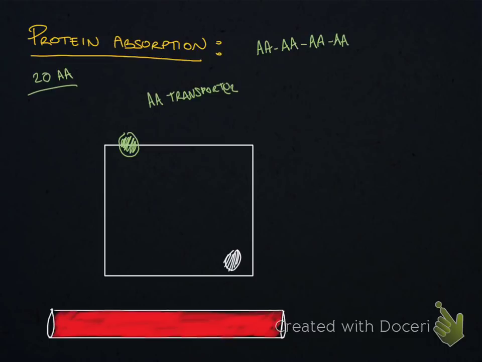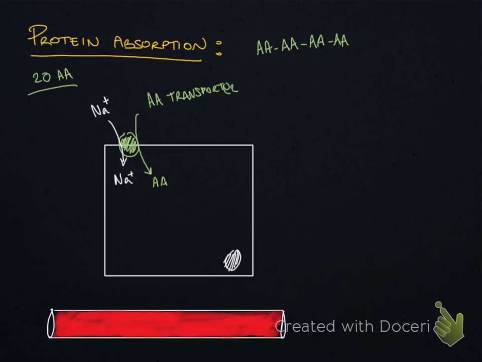There are many different kinds. This one will use sodium to move down its concentration gradient, and the amino acid will then come in and hitch a ride.